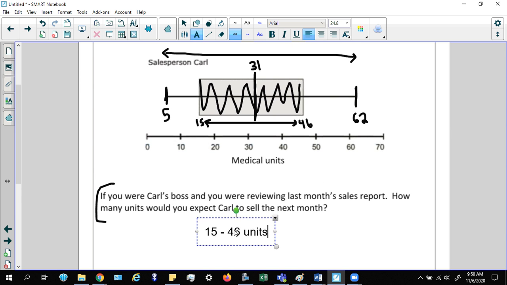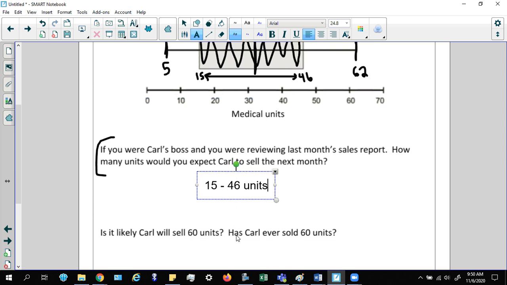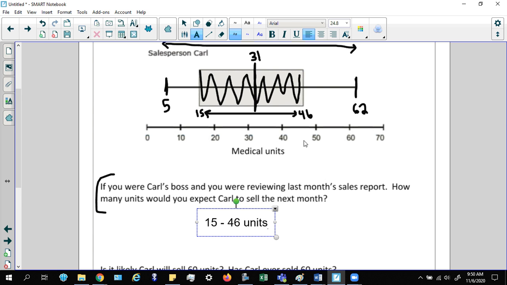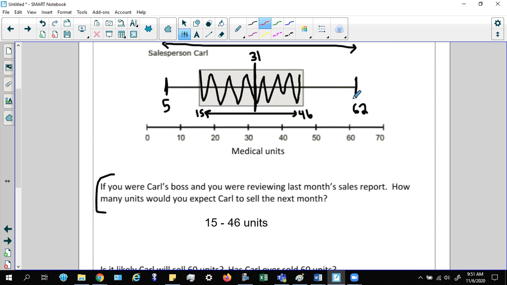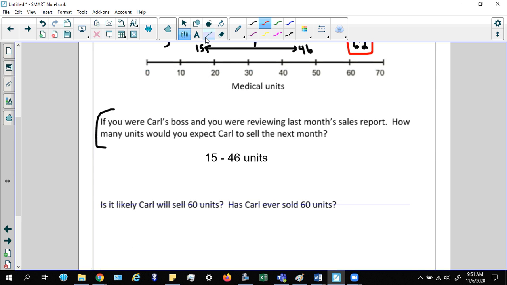Now, the next question is, is it likely Carl will sell 60 units? First off, has Carl ever sold 60 units? Looking at all of this information, he has actually sold a max of what I'm calling 62, so he has sold above 60 units. But the question is, is it likely? Answers may vary.